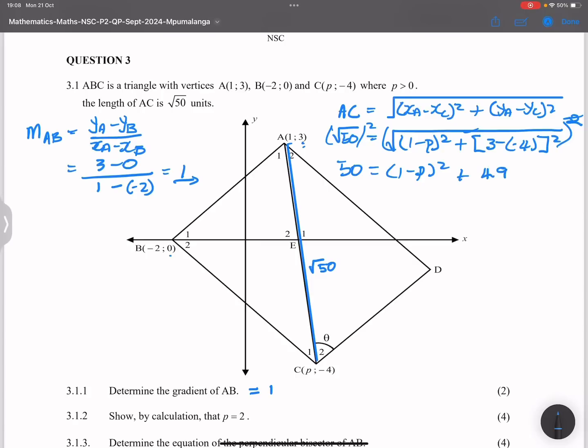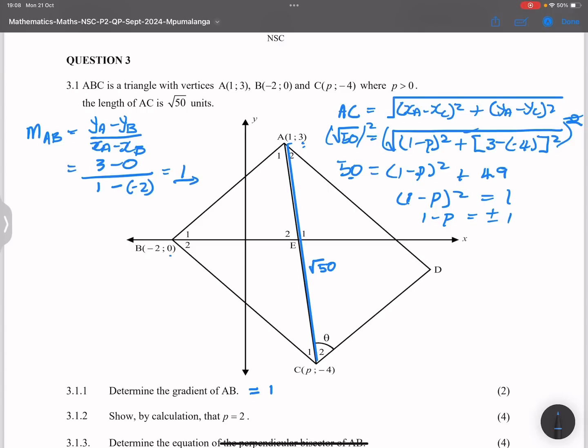So that means (1 minus P) all squared is equal to 50 minus the 49, which gives me 1. And so 1 minus P will be equal to plus or minus 1.